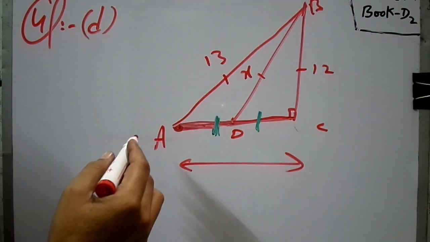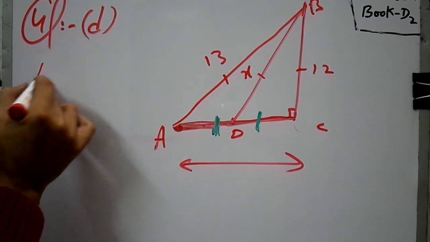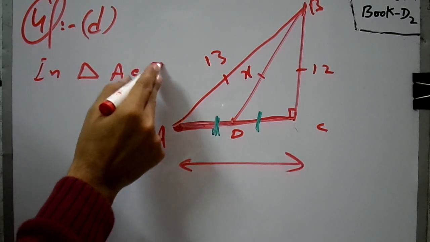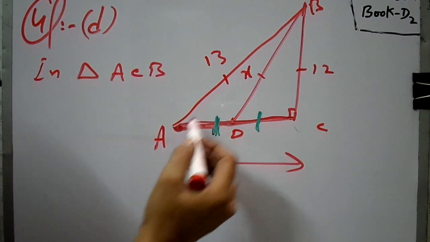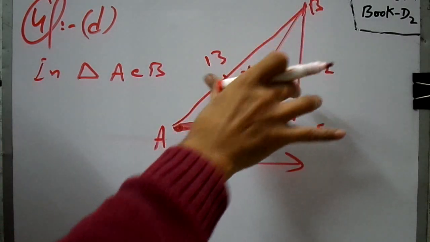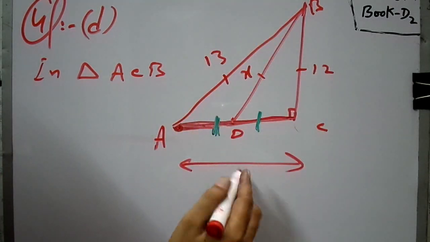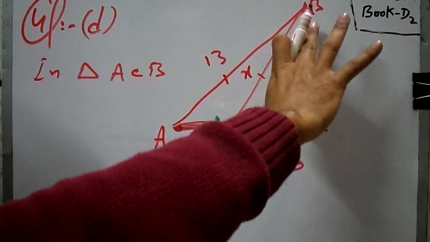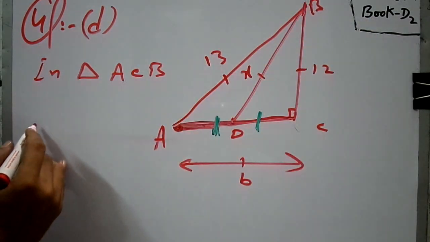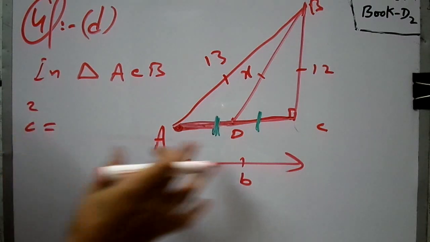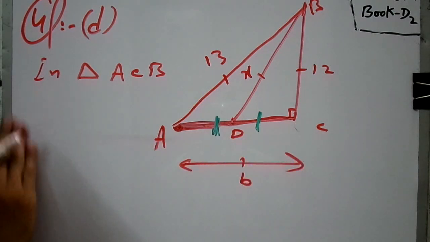So you have to find in triangle ACB, the full triangle, that is your base, that is your perpendicular, and that is known to you, C square is equal to, but you need the value of B, you need the value of B square.